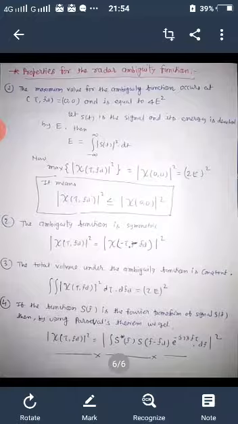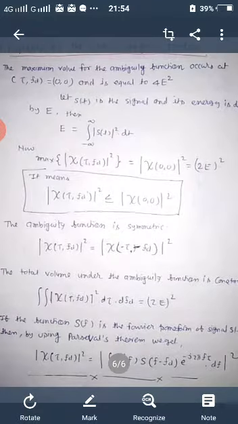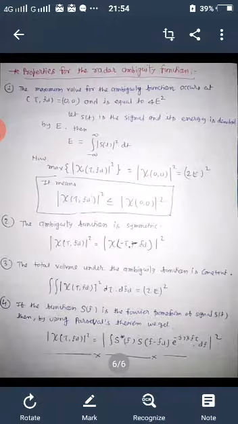Now the properties of the radar ambiguity function. The maximum value of the ambiguity function occurs at tau, f_d equal to 0, 0 and is equal to 4E squared. Remember, let s(t) be the signal and its energy be defined by E, then E equals the integration from minus infinity to infinity of mod s(t) whole square dt.